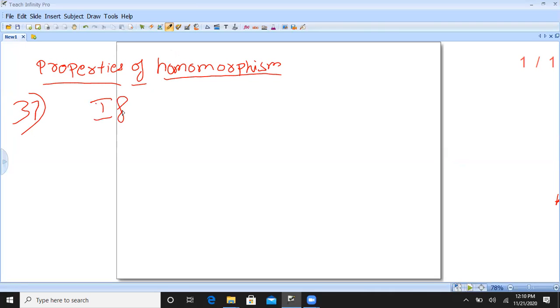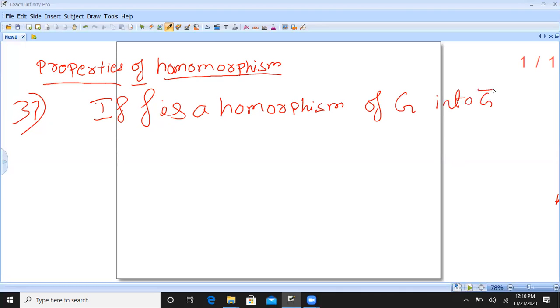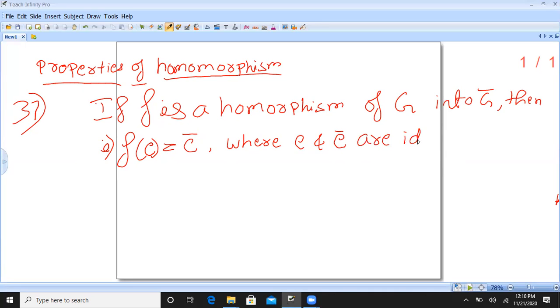Statement: if f is a homomorphism of G into G bar, then first condition: f(e) = e bar, where e and e bar are the identities of G and G bar.